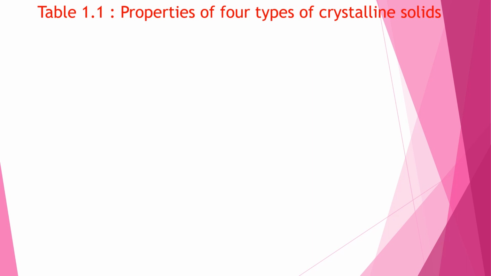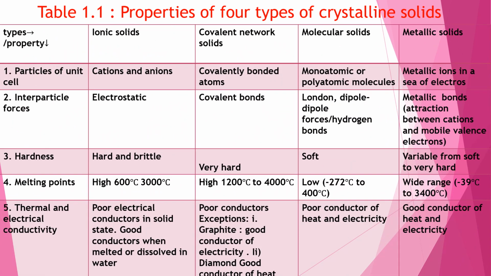In this one, a table is prepared which totally summarizes the properties of four types of crystals. You have to observe and study it. In these rows and columns, I will write down the types of solids: ionic solid, covalent solid, molecular solid and metallic solid.